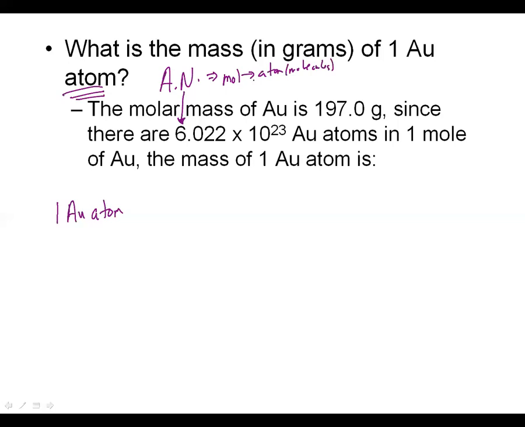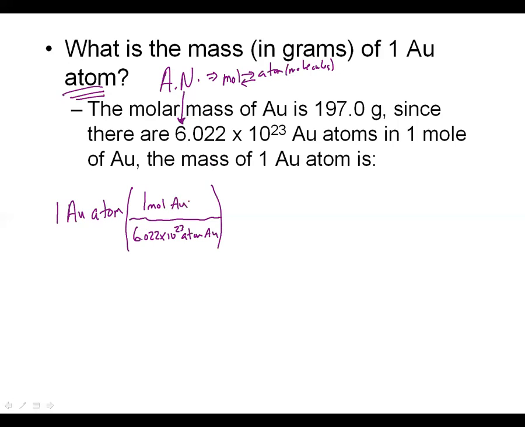So in this case, we're going to use Avogadro's number, and we're going to put Avogadro's number on the bottom, 6.022 times 10 to the 23 atoms of gold in 1 mole of gold.